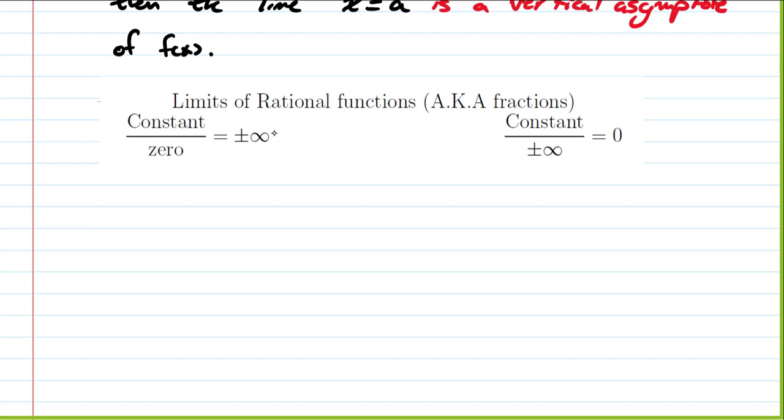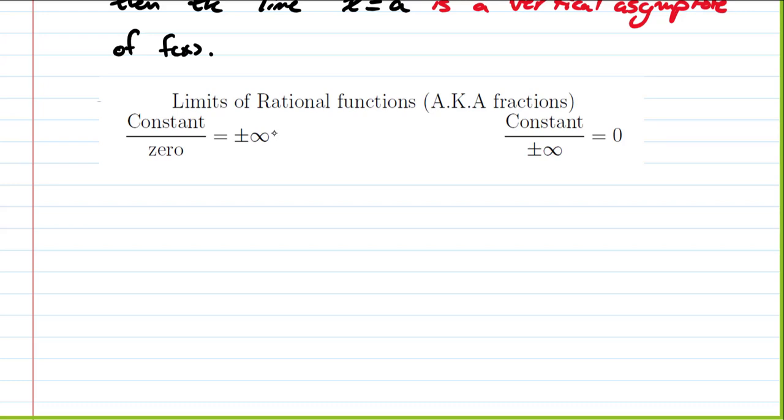So a constant divided by 0 will always give you positive or negative infinity, where we have to calculate the sign. If you have a constant divided by plus or minus infinity, you will always get 0. Because if you think about it, if the denominator is getting really, really big, 1 divided by 1,000,000 is 0.000001. That's a pretty small number.